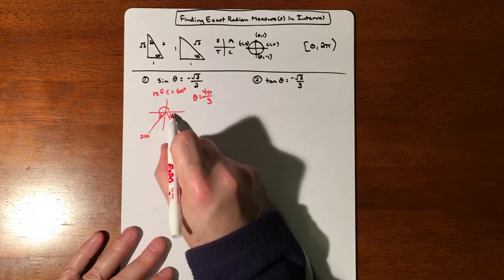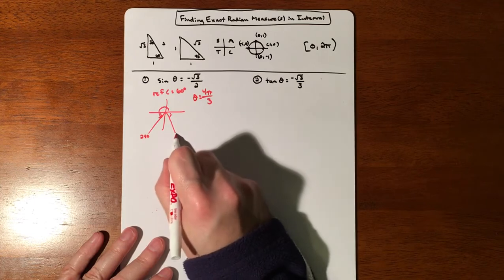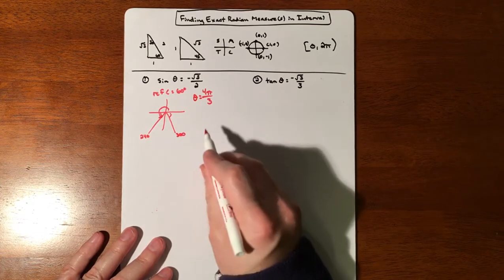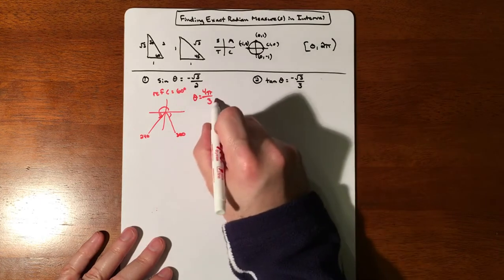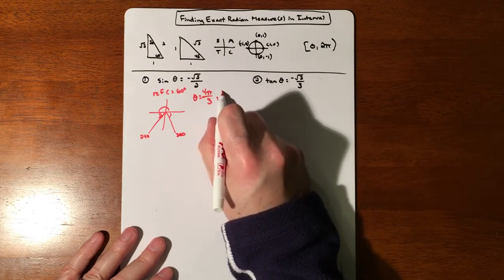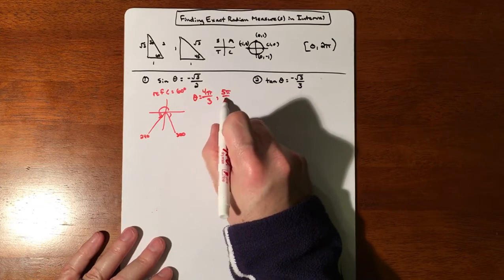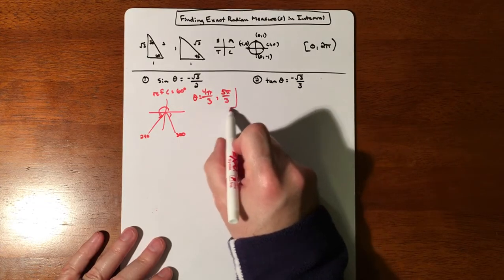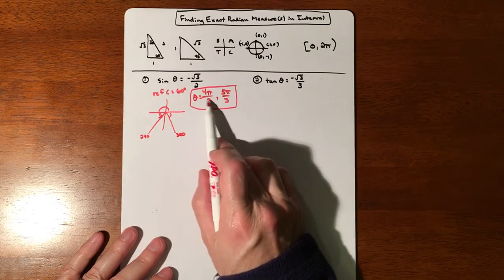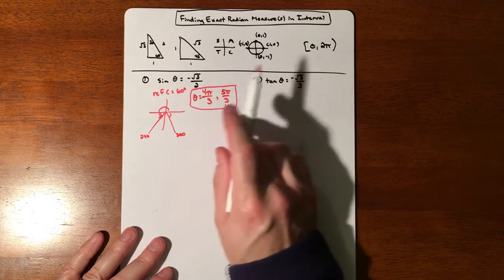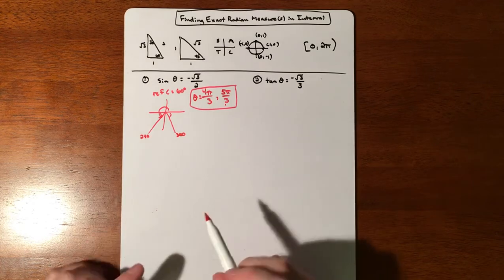And then we're 60 shy of 360 here, which makes 300. It's going to take 5 60s to get to 300, so 5 pi over 3. And those are our two answers. If we were to do sine of 4 pi over 3 or sine of 5 pi over 3, we would be getting a negative root 3 over 2.